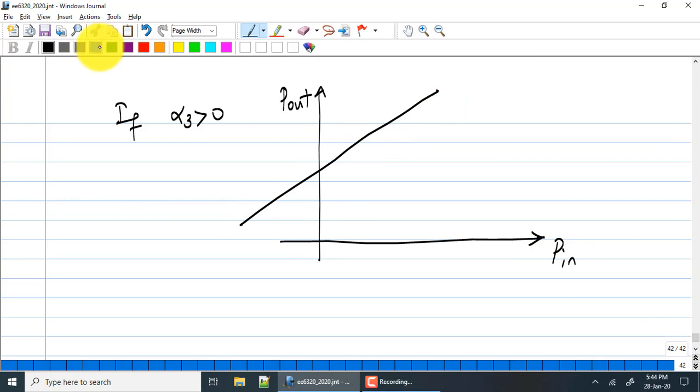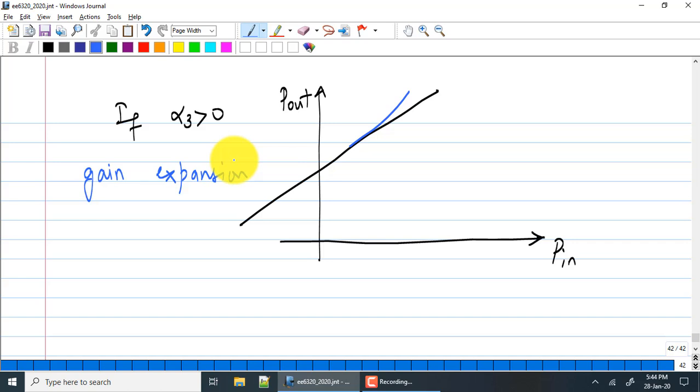If I plot P out versus P in, this is the compressive characteristic. The other one will start doing this. This is called gain expansion. You will see this fairly commonly in power amplifiers. Rare in LNAs, but fairly common in power amplifiers.